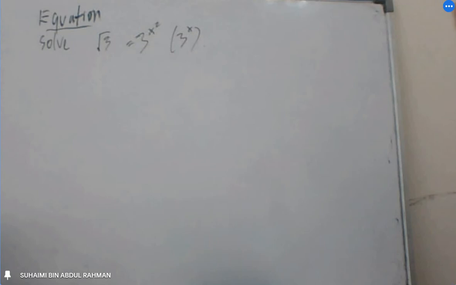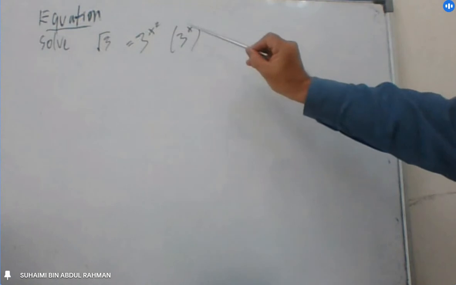So when solving, we want to find the value of the unknown. The unknown in this case is x.